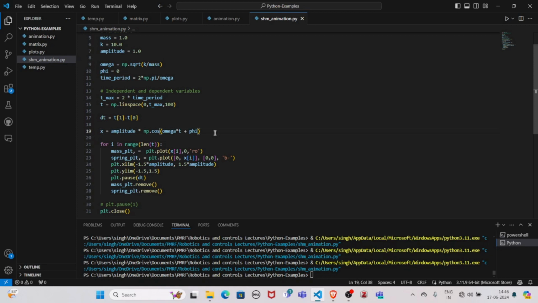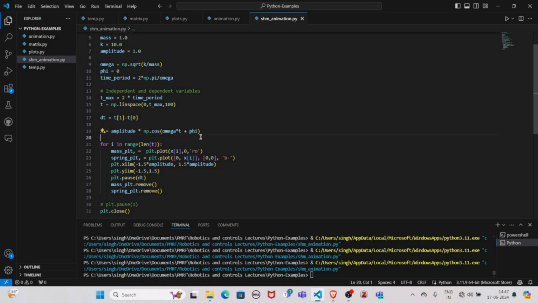For example, for complicated systems, sometimes you cannot find x as a function of time, but you can find the solution numerically. There are some algorithms which help you find numerical solutions to differential equations. And once you get this x(t), you can again use this similar concept to animate them as well.